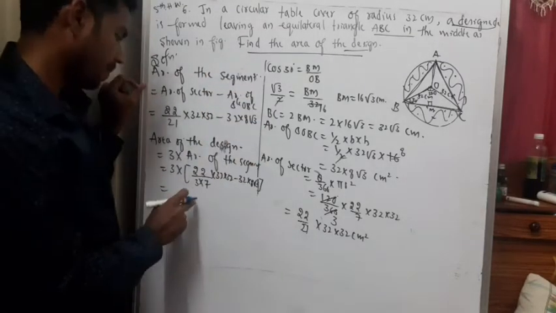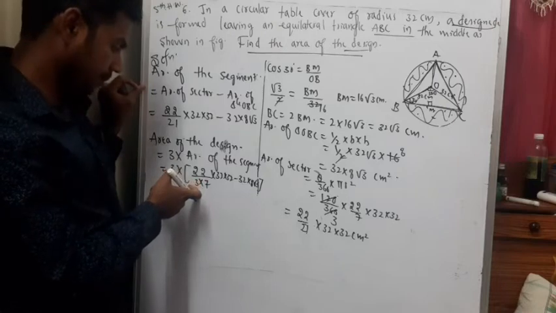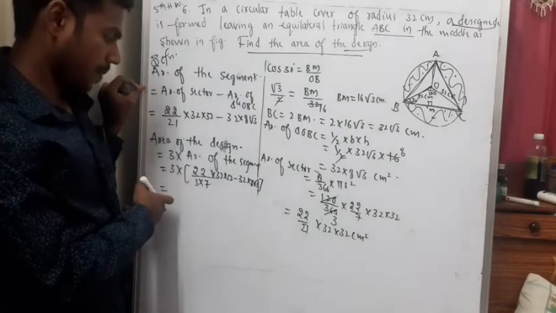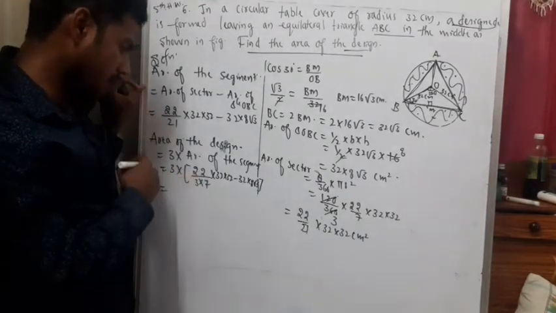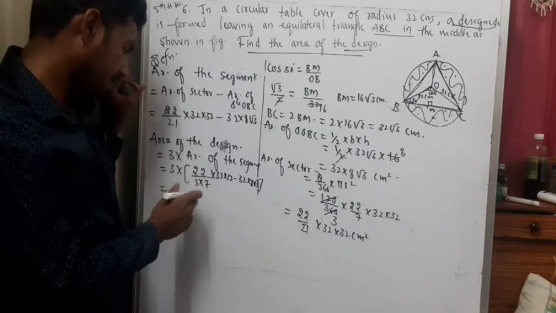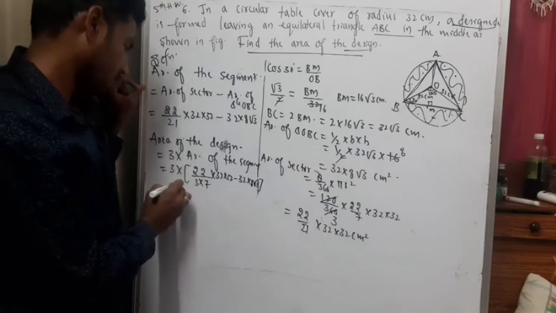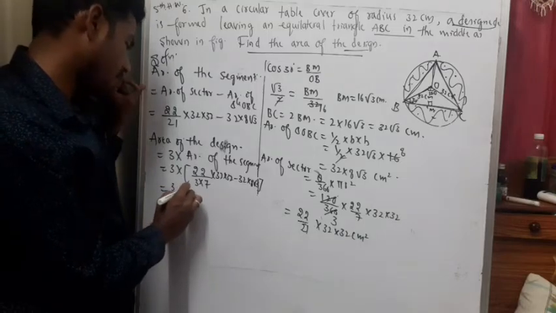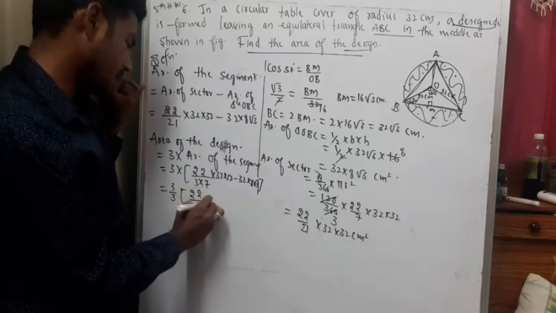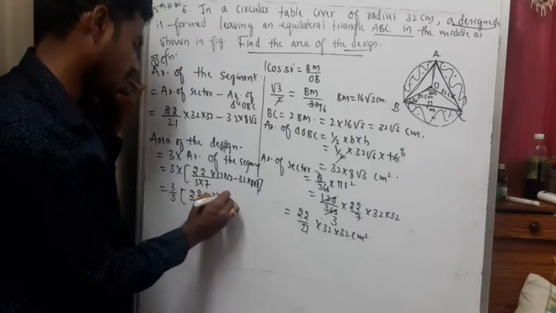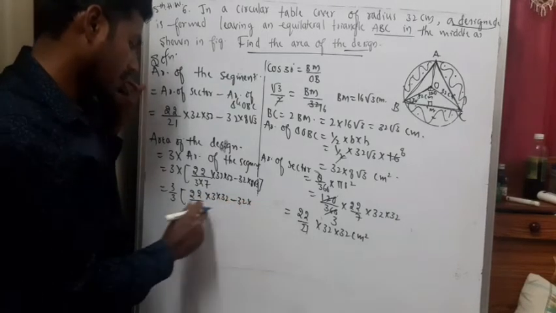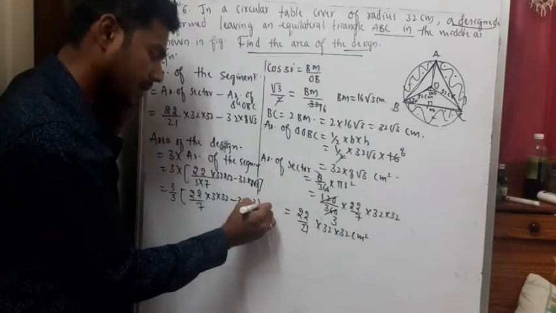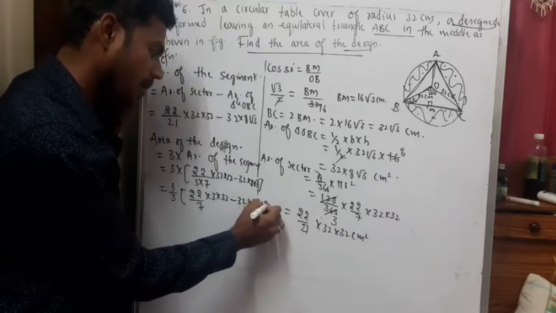So what I do, I will take 3 outside. What will be left? 3 divided by 3 into 22 divided by 7 into 32 minus 32 into this. Since I have taken 3 outside, I need to multiply with 3, so 3 into 8 root 3.